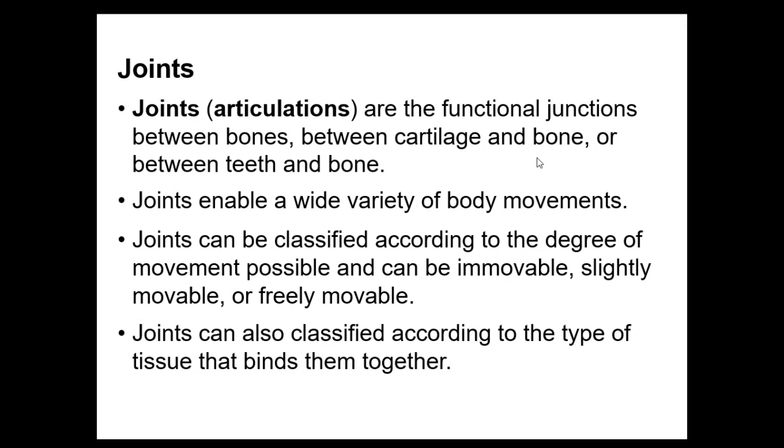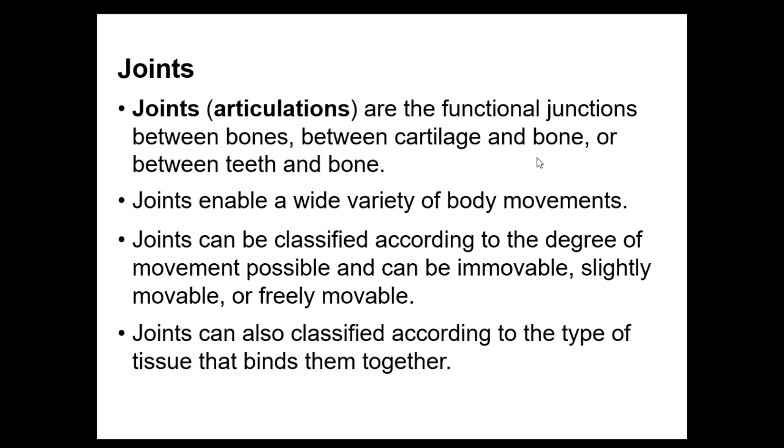So some joints provide movement. Some joints have little or no movement between the bones that are joined. And joints can be classified in different ways. One way of classifying them is by the degree of movement. So some joints could be described as immovable, some are slightly movable, and some are freely movable.